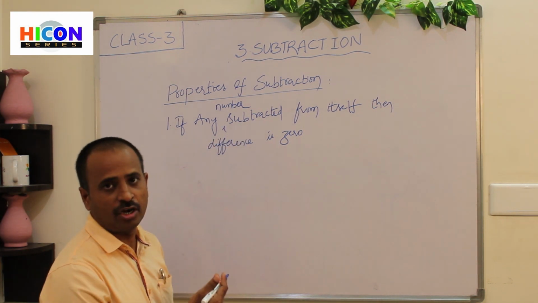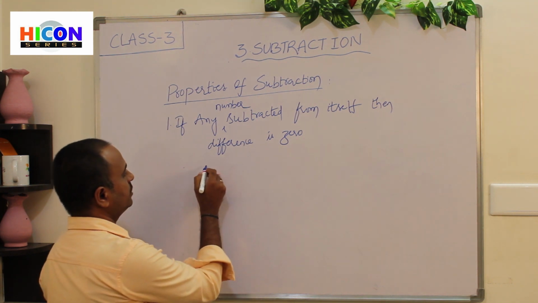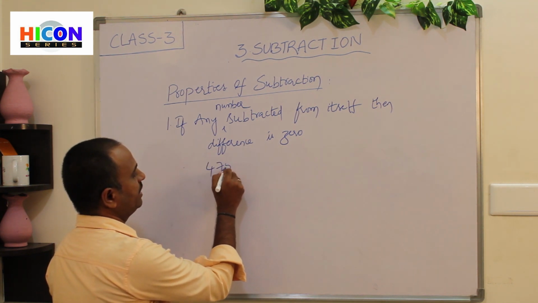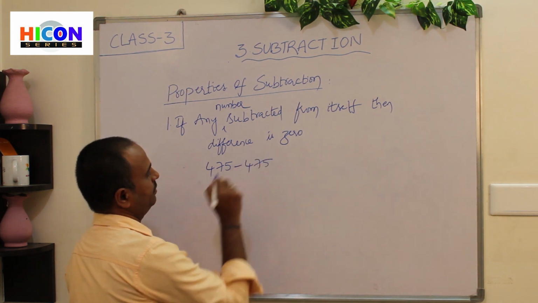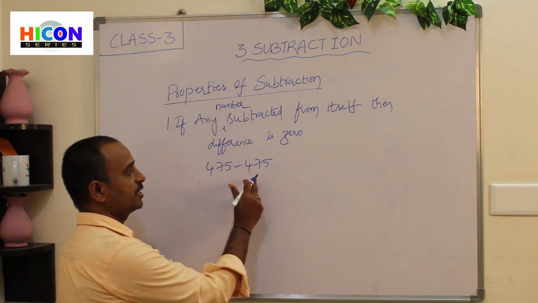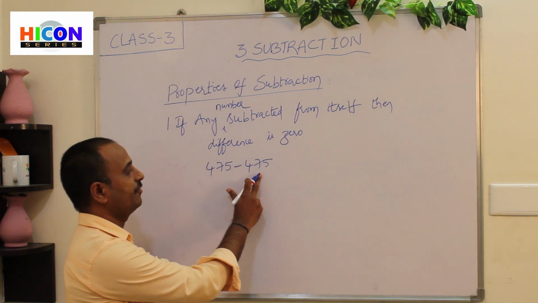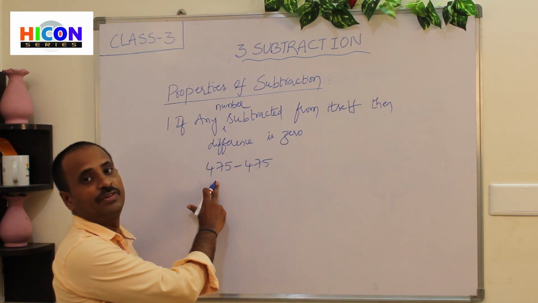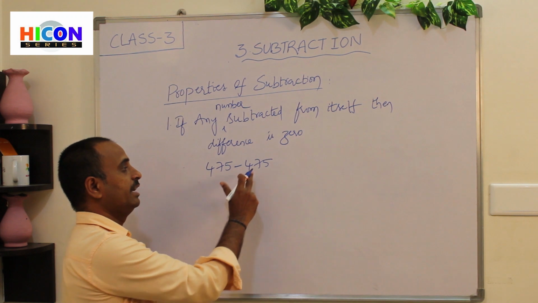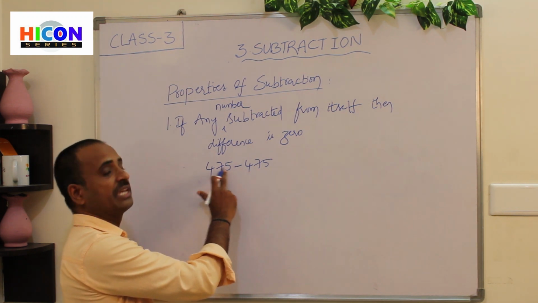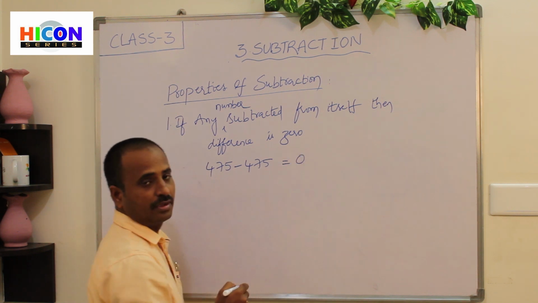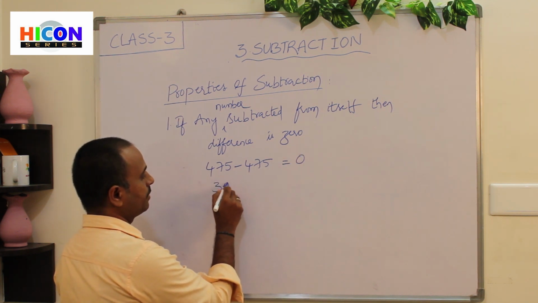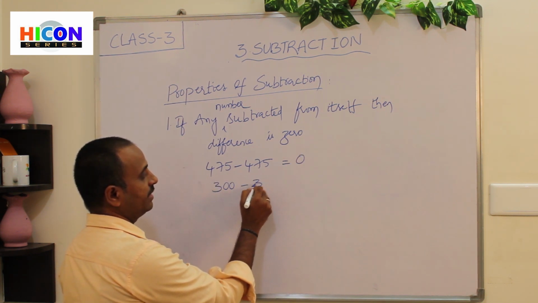So see some examples for this property. Our example: 475 minus 475. Here we are subtracting 475 from 475. That is, a number is subtracted from the same number, then the answer becomes 0. Again 300 minus 300.